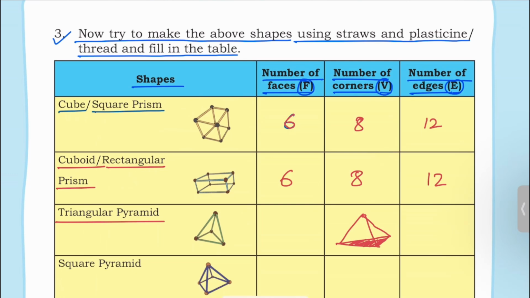That means triangular pyramid has 4 faces. Number of corners 1, 2, 3, 4. 4 corners. And number of edges 1, 2, 3, 4, 5 and 6. 6 edges.